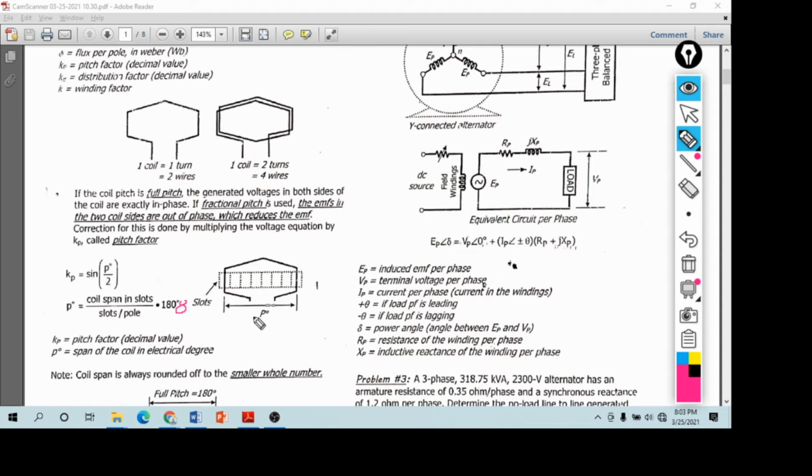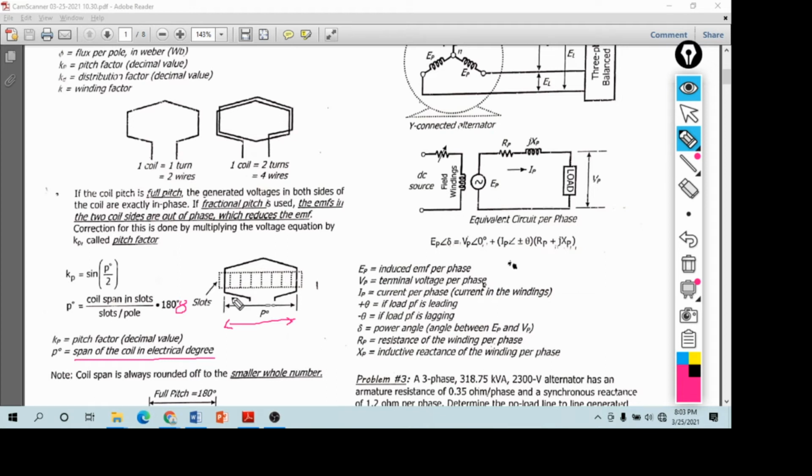Now, this is the span of the coil in electrical degree.